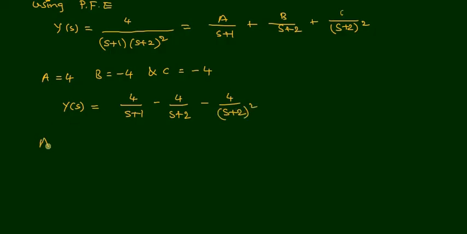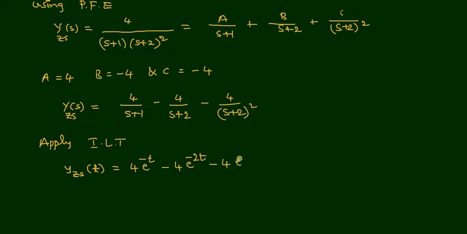So apply the inverse Laplace transform to get the time response, that is the zero state response. y_zs(t), where zs indicates zero state response, equals 4e^(-t) minus 4e^(-2t) minus 4t e^(-2t), and this is a causal signal, so multiplied by u(t). So this gives the zero state response of the system.